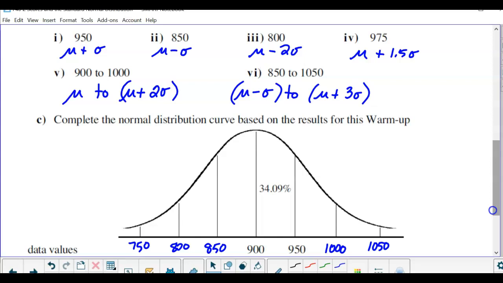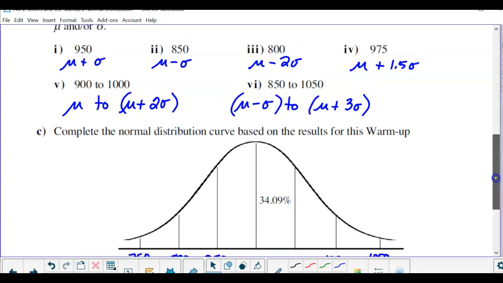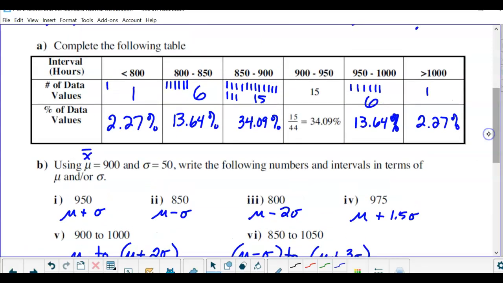What this is saying is the percent of the whole bell that occurs in this part of the bell, between 900 and 950, 34.09%. That's between 900 and 950. Same on the other side.